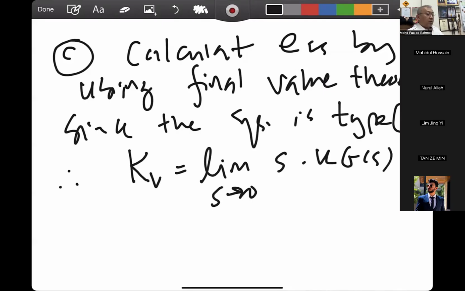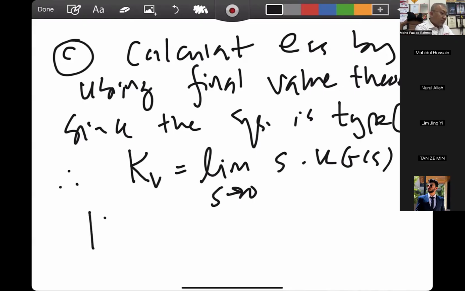So this is what we call the final value theorem. Repeat, everybody. Final value theorem.